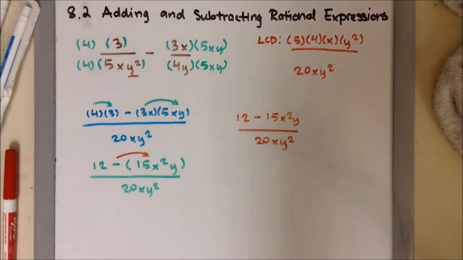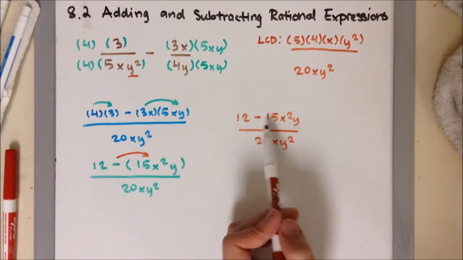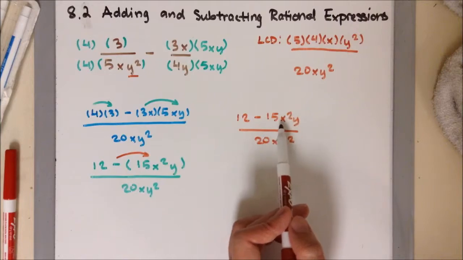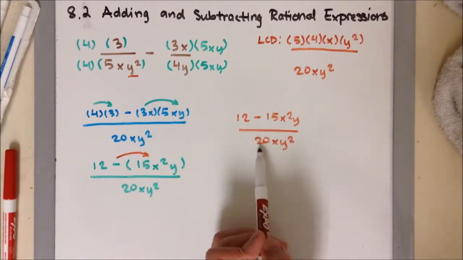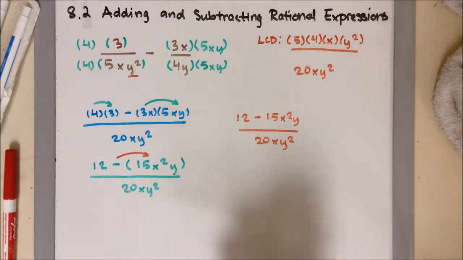Now here, I'm not going to worry about putting the numerator in order. I'm just going to leave it as 12 minus 15x squared y over 20xy squared. Now, there's nothing I can combine in the numerator. Next, I check if I can simplify.